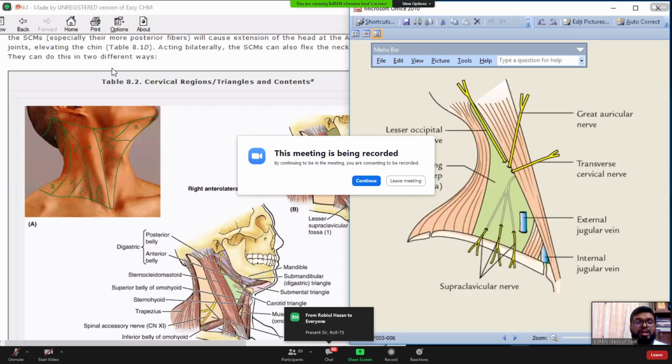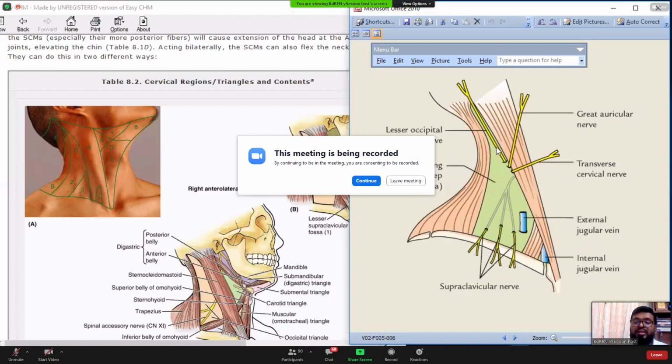by many important nerves and structures, such as the external jugular vein. Among the nerves, these are the lesser occipital nerve and the great auricular nerve. The transverse cervical nerve is a content of the superficial fascia just above it, and there are some supraclavicular nerves that emerge from behind and come out.